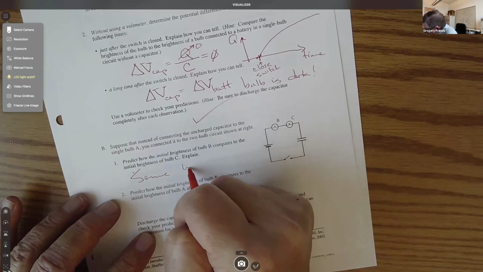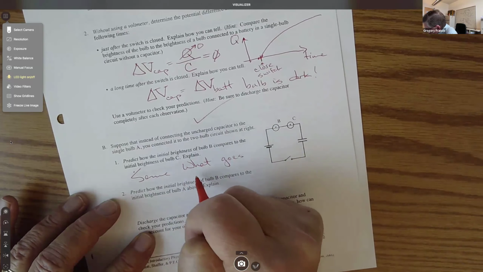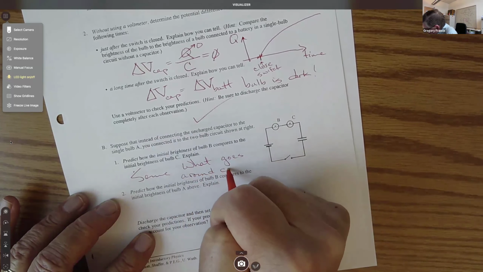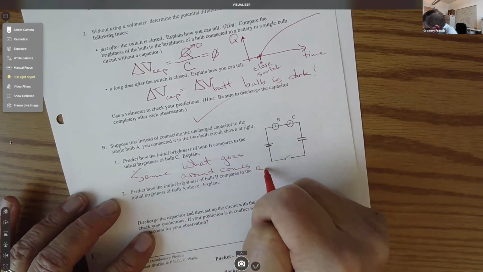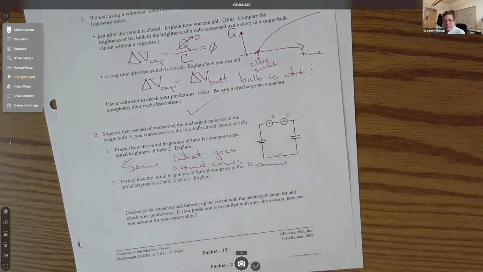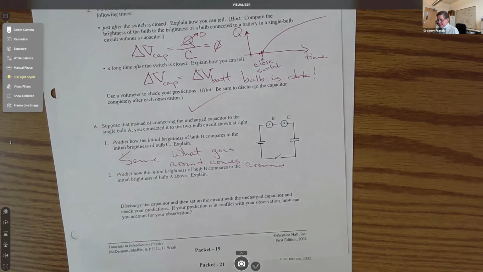We know what goes around comes around. In other words, the current has to be the same everywhere in a loop. And so B and C are in series with each other.